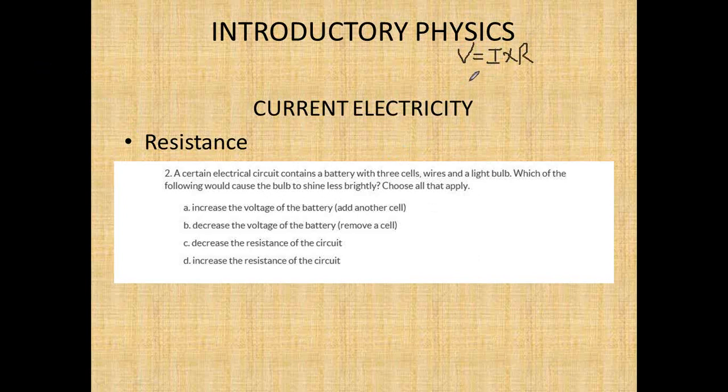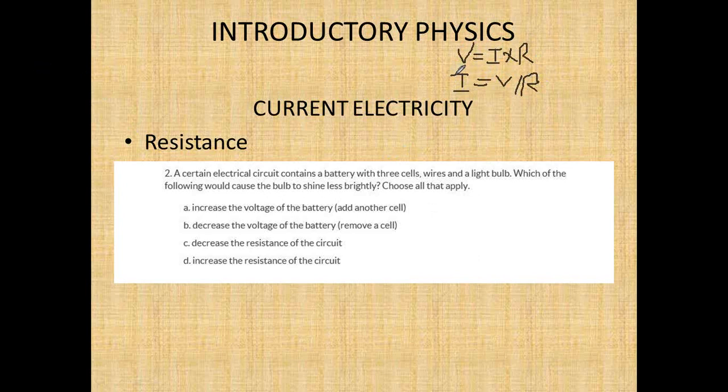Okay, so again, when we rearrange the equation, I is equal to V over R. If you decrease the current, the bulb is going to shine less brightly.